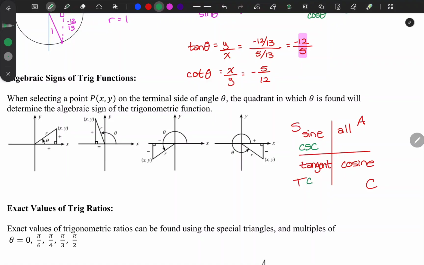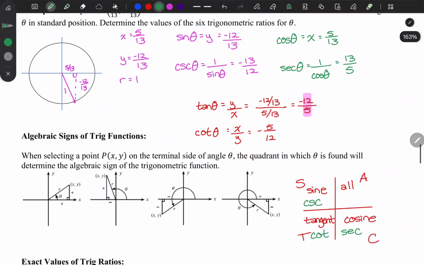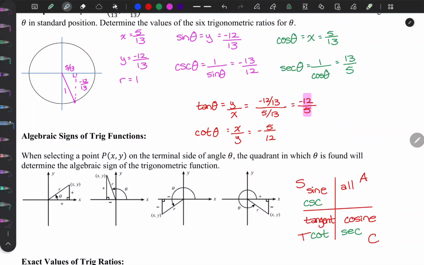If tan is positive in quadrant 3, so is cotan. If cosine is positive, so is secant. And we notice that here in this example we just did. For example, we had a value of cosine that was positive. Our reciprocal is still positive. Sine was negative, cosecant is also negative.